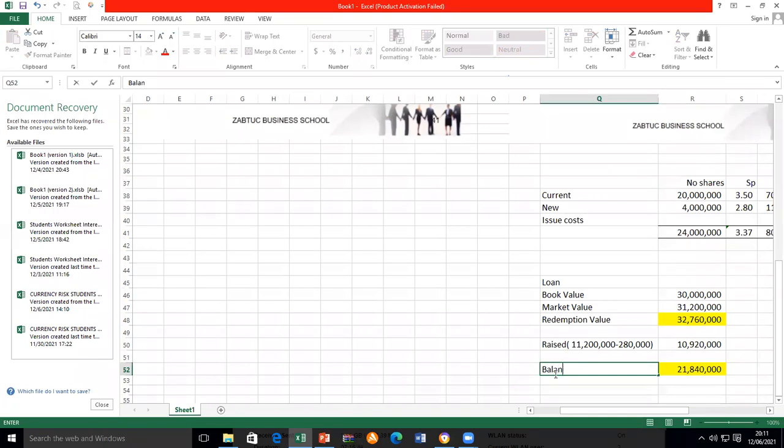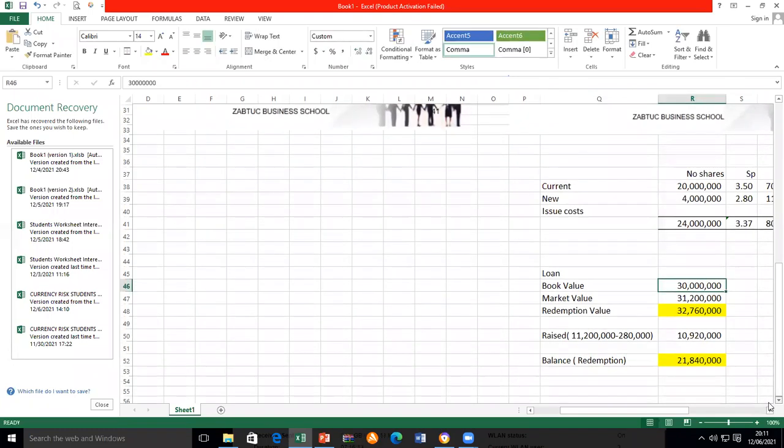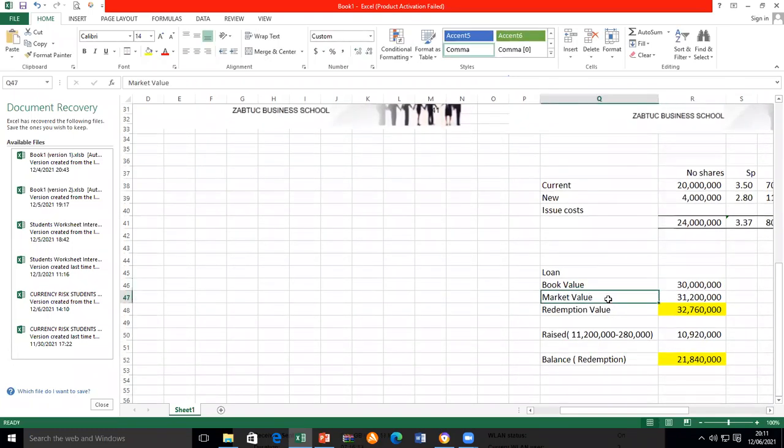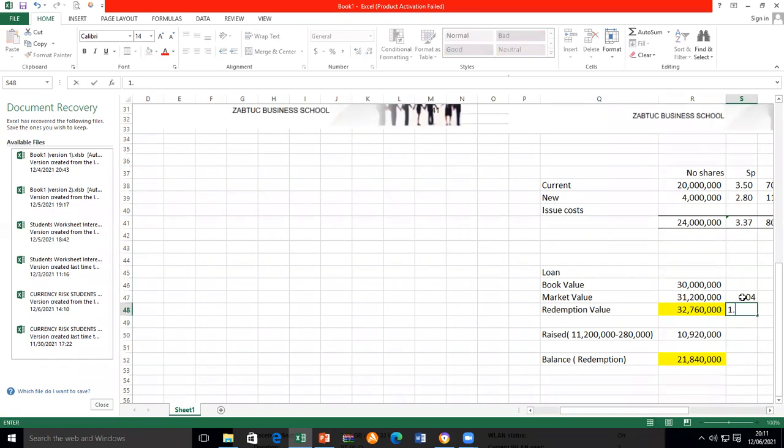That's a balance. But this balance includes two items: the market value and the redemption amount. I want you to take it back to the book value. Remember, here you multiplied by what? 1.04. Then multiply by what? 1.05.